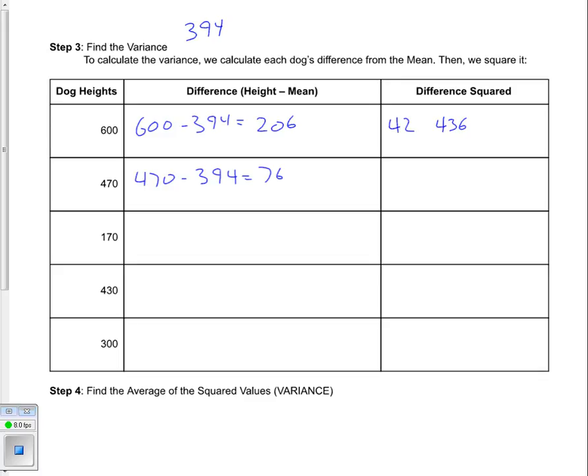We square 76, and that gives us 5,776. Then 430 minus 394 is 36, and 36 squared is 1296. And 300 minus 394 is negative 94. Negative 94 squared is 8,836.